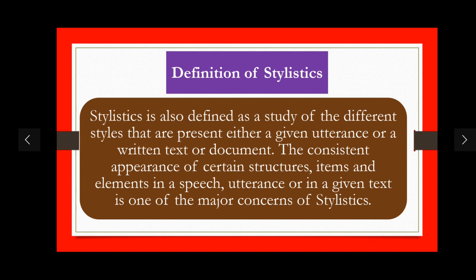It is one of the major concerns of stylistics to investigate the consistent lexical, phonological, graphological, semantic, and syntactic items. So you are going to find such consistent structures in a text. That is one of the main concerns of stylistics, and this is what a stylistician or a researcher does.